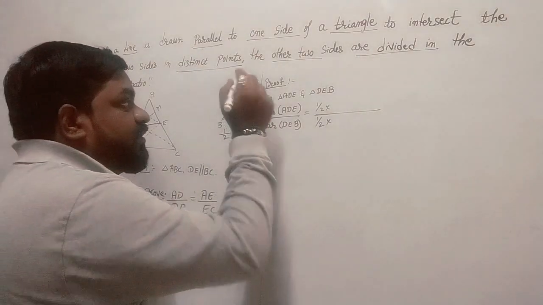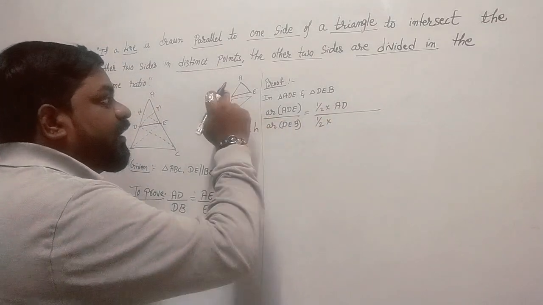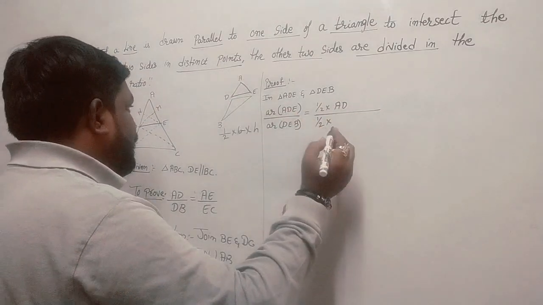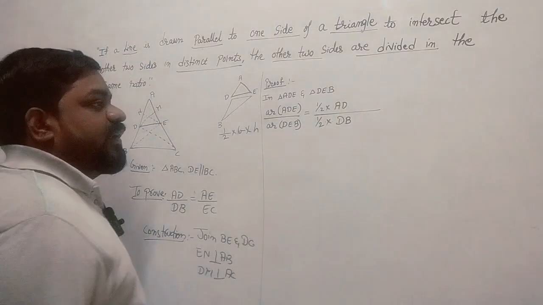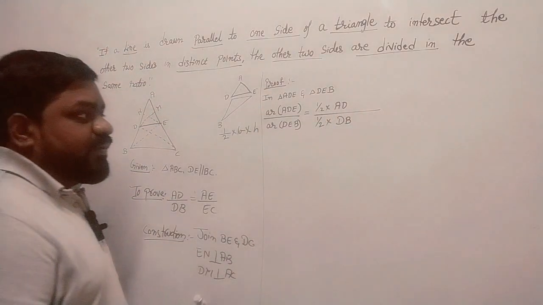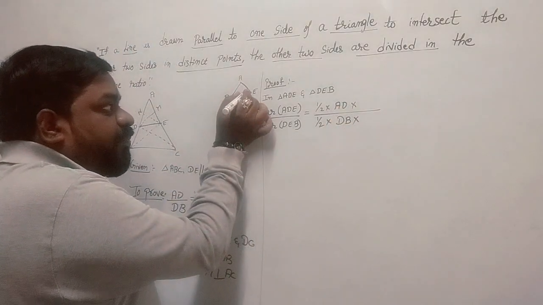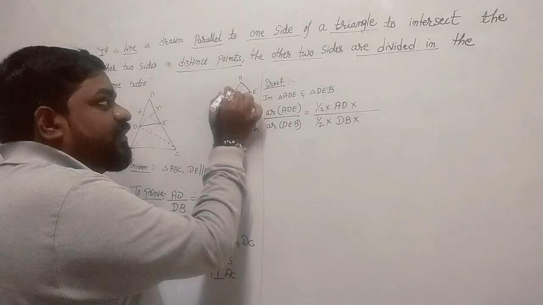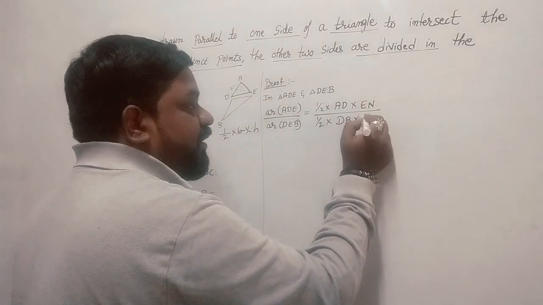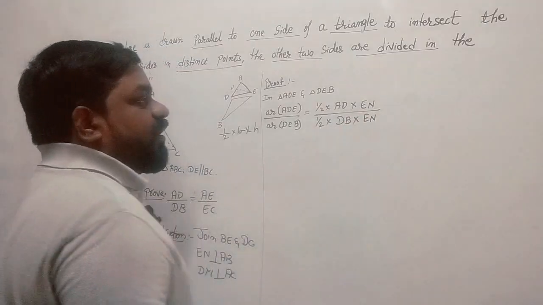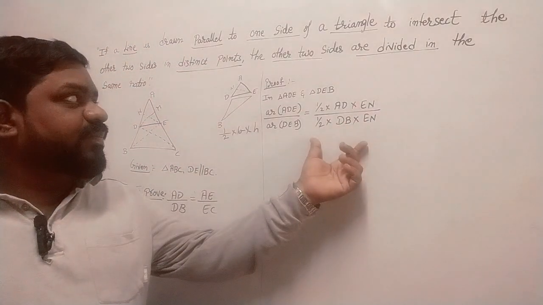The base of this triangle will be AD and the base of triangle DEB will be DB. Next, we need to write the height. The perpendicular we have taken is EN, so EN will be the height for both the triangles.